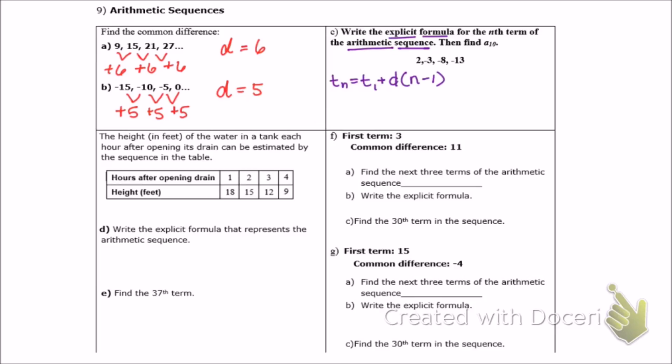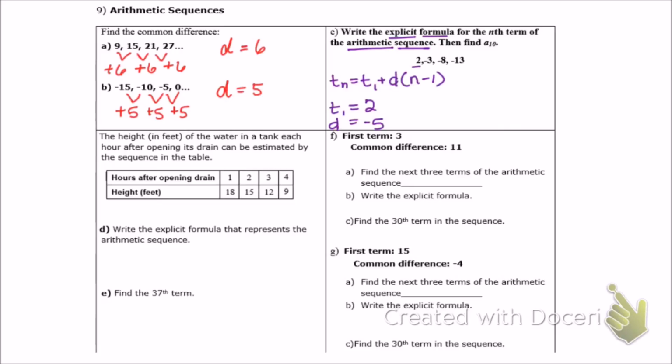From this formula, we need to know what our first term is, or t sub 1, and we need to know what our common difference is. Our first term is given to us as 2. And then D, our common difference, the pattern, we're counting by 5s, but we're going backwards, so it's going to be a common difference of -5.